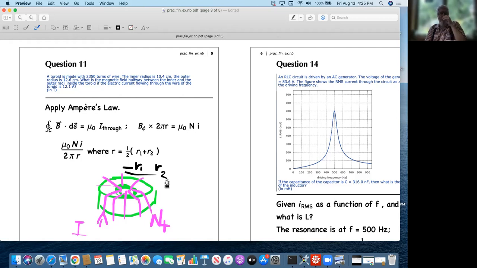So the question is, what's the magnetic field? It'll depend on the radius. It's going to be cylindrically symmetric, so we just have to pick one radius. What's the magnetic field at the midpoint between R1 and R2? In other words, halfway between the inner and outer radii, inside the torus.